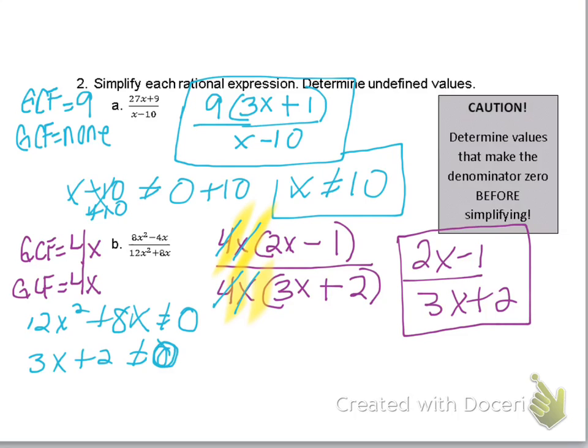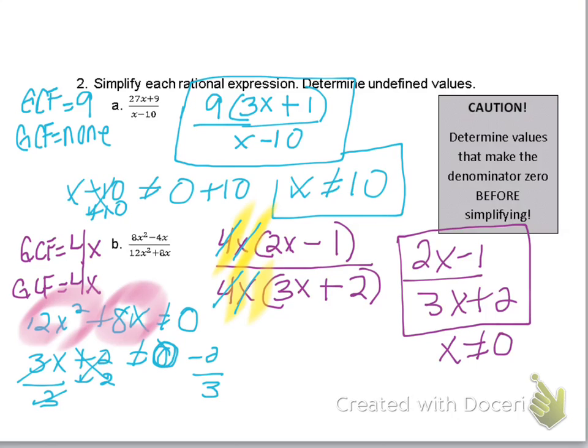Now, in both of these terms, the number is being multiplied by x. So if we fill in 0 for x, we would have 0 plus 0, which equals 0. So that tells me that x cannot be 0, because it would make the denominator 0. For the other one, though, we have to solve for x here. So we would subtract 2 on both sides and then divide by 3.